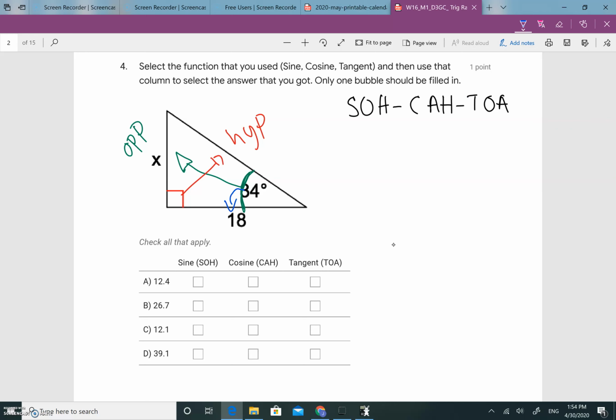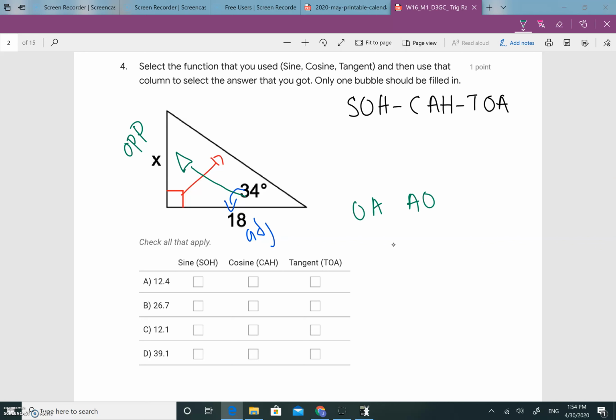So 18 is adjacent to my angle 34. Now I have to think. The two sides that I'm given are opposite and adjacent. So that will be OA or AO, depending on which one comes first.